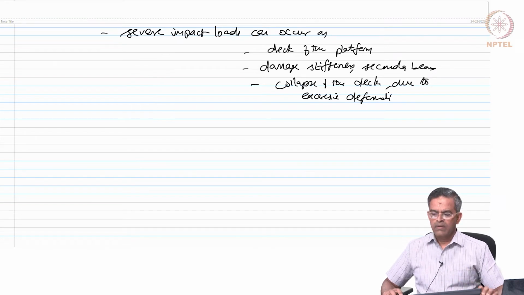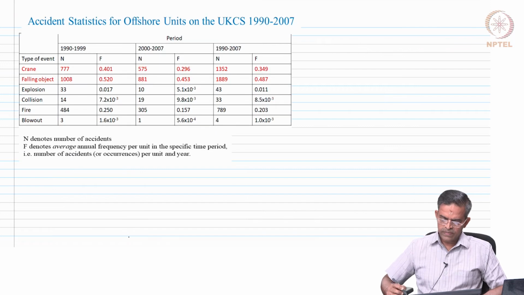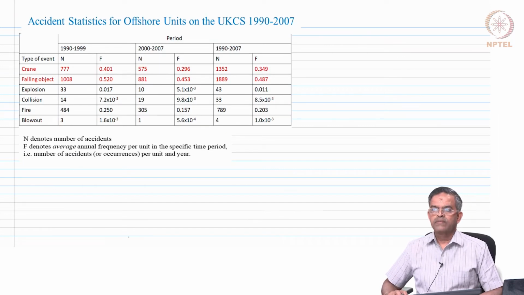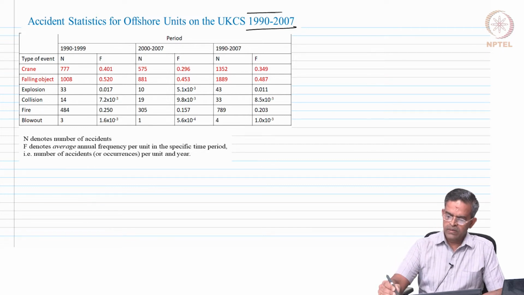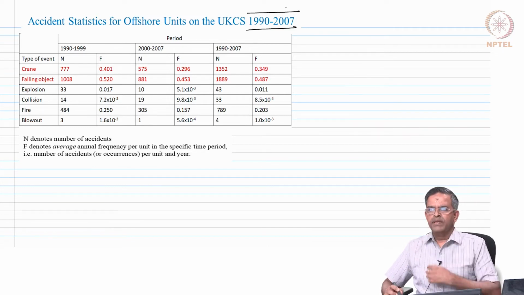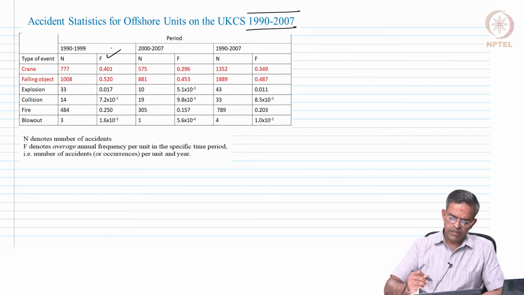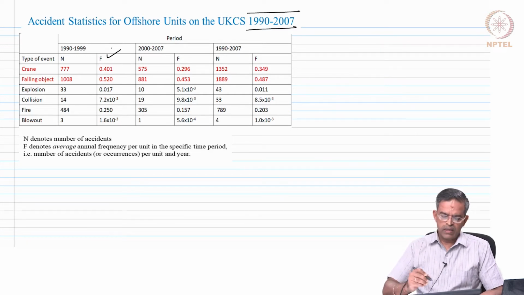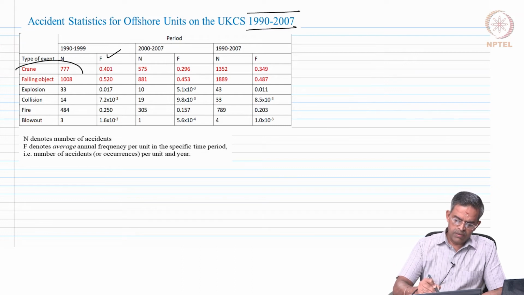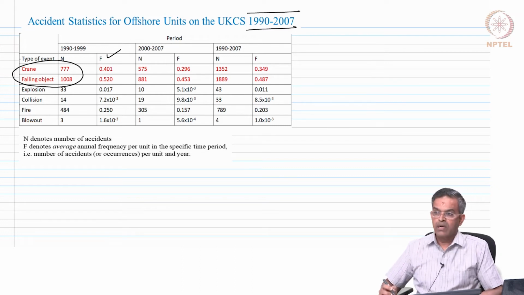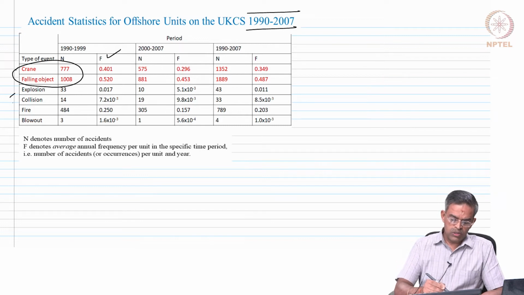Interestingly, friends, if you look at the accident statistics of offshore units developed by Britain, for the past 20 years period, you can see the maximum accidents because of drop objects have also caused fatalities, and there are increased number of accidents because of crane hooks and falling objects compared to explosion, collision and fire.